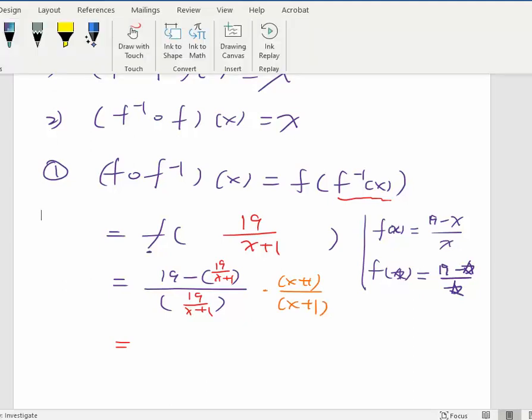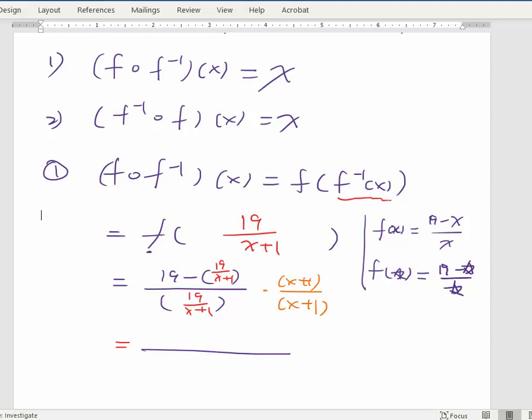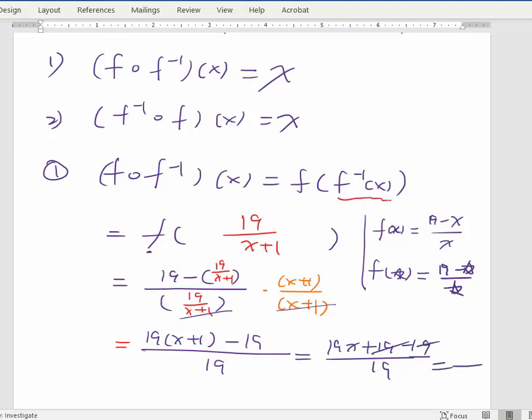If I multiply this in, I will have 19 times x plus 1 minus 19 times 19 over x plus 1, and this x plus 1 will cancel out, right? In the denominator, x plus 1 and x plus 1 cancel out, so this will be just 19. Then we multiply this in, so we have 19x plus 19 minus 19 over 19, and these two cancel out. So the final answer is equal to x. All right, so we prove the first one right here.